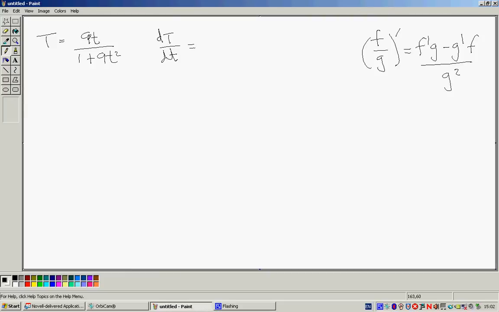F dash, the derivative of 9t, is just 9, and then we need times g, which is just the original denominator. Then we need minus g dash.